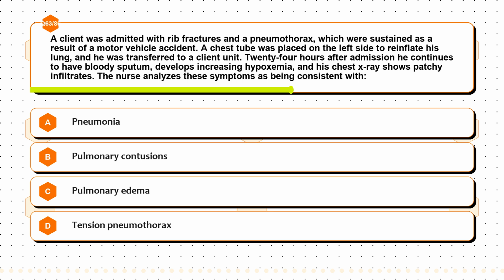The nurse analyzes these symptoms as being consistent with, here are the options. Option A, pneumonia. Option B, pulmonary contusions. Option C, pulmonary edema. Option D, tension pneumothorax.